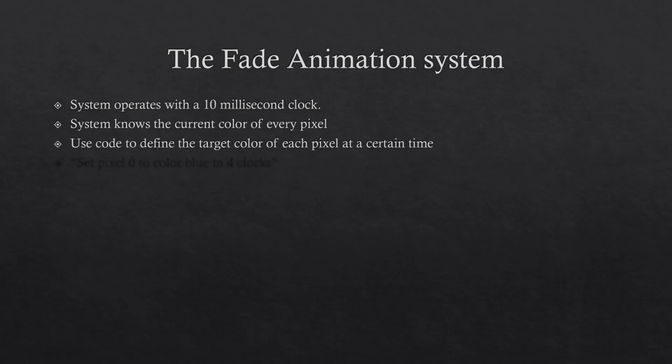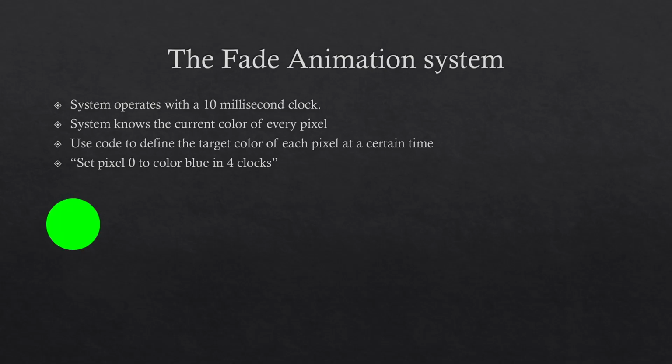And in the system, we write code to define the target color of each pixel at a certain time in the future. So, for example, we might say set pixel 0 to color blue in 4 clock cycles. And let's just assume that pixel 0 is currently green.